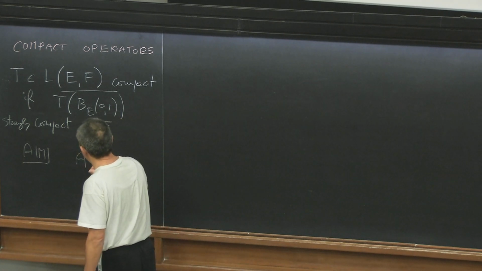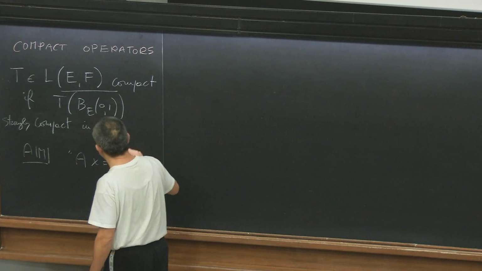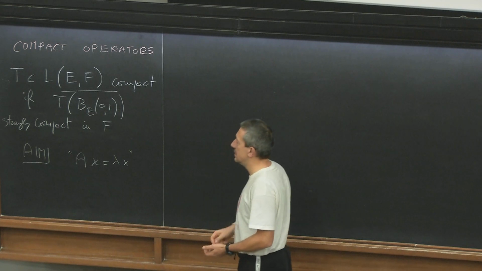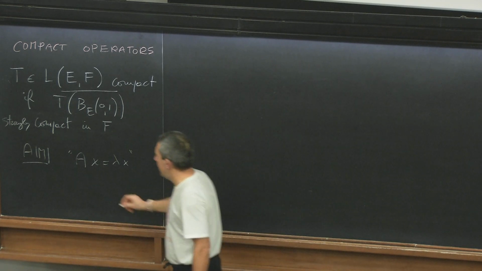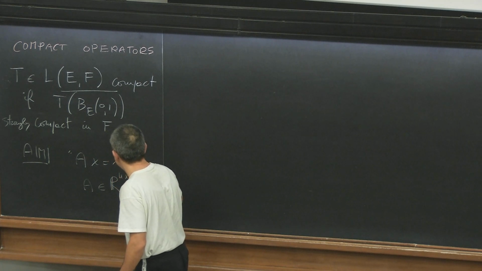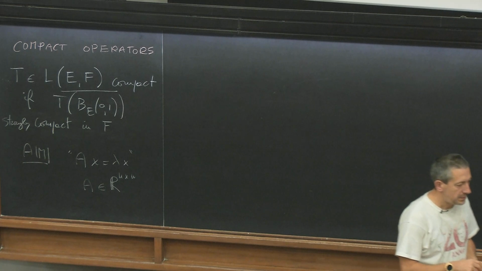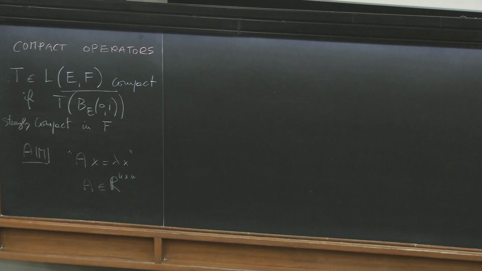So A x equals lambda x, where A is now a square matrix. Okay, and we were studying yesterday the Fredholm alternative, which is the fundamental tool.